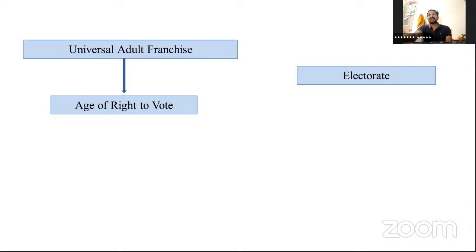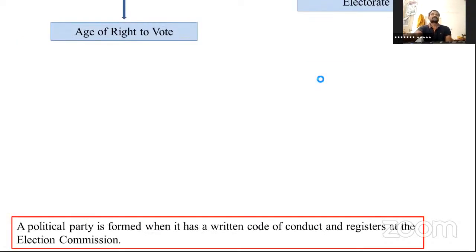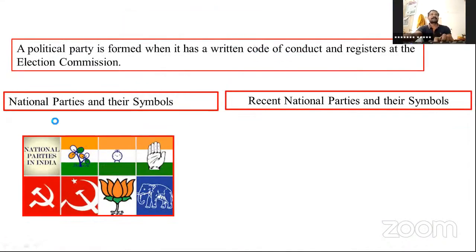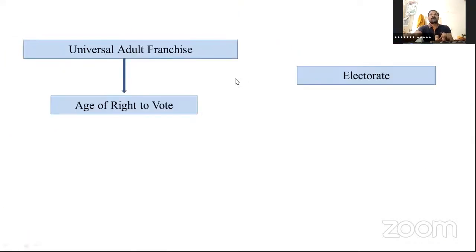From 1988 onwards, those who have completed 18 years are eligible to vote. Electorate means the body of voters. All the voters available with the Election Commission, that body of voters, is called the electorate.